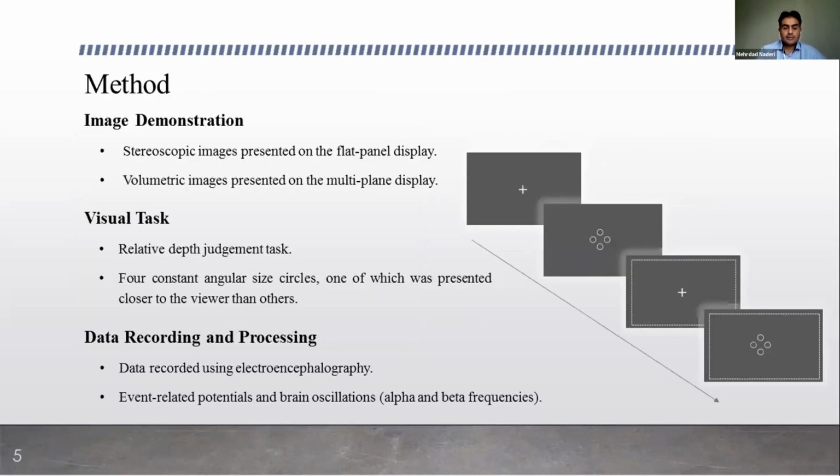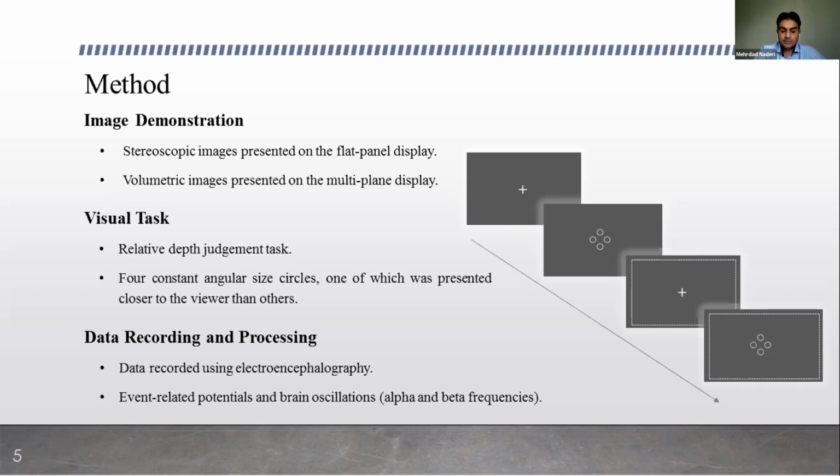Well, now the method of the experiment. 10 subjects with normal visual and stereo acuity participated in this study. The visual stimulus was demonstrated on two types of display: stereoscopic 3D images on a flat screen display and volumetric 3D images on a multiplane display.